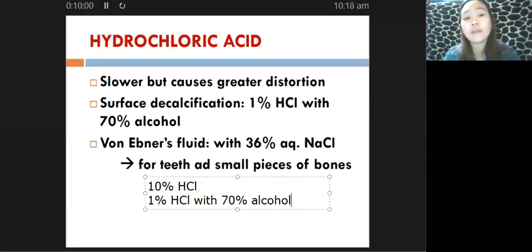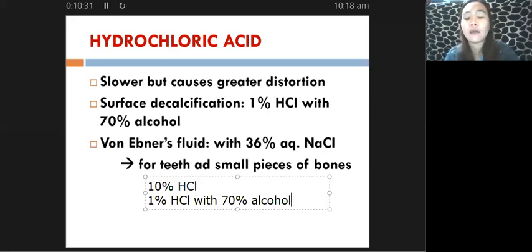All right, so apart from surface decalcification, we can also make a formulation out of your hydrochloric acid, which is referred to as your von Ebner's fluid. So your von Ebner's fluid, it contains hydrochloric acid with 36% aqueous sodium chloride. So von Ebner's fluid, this is utilized for teeth and small pieces of bone samples.